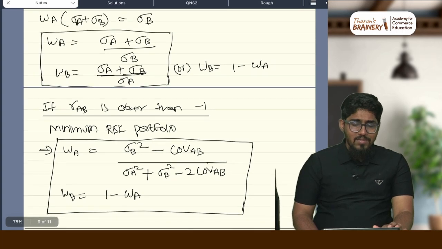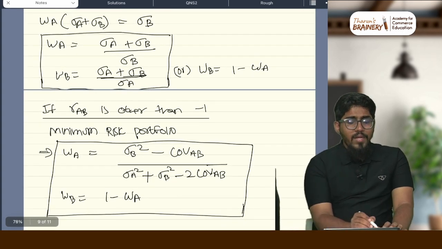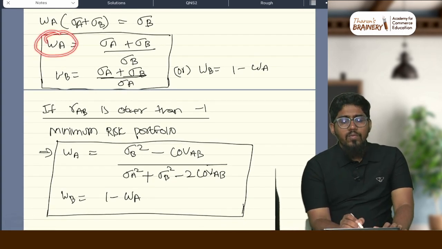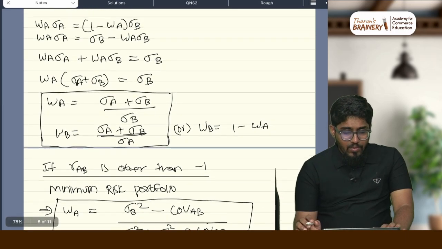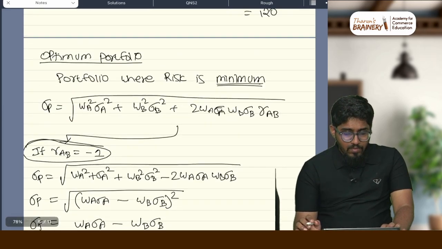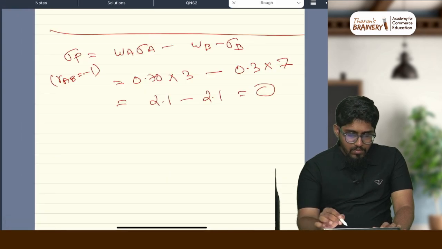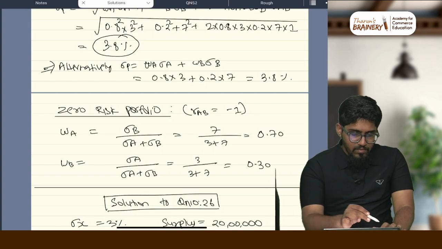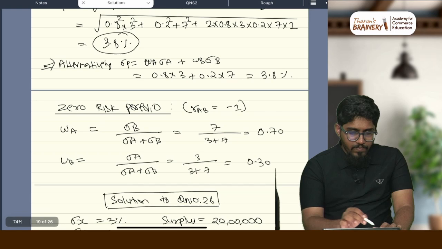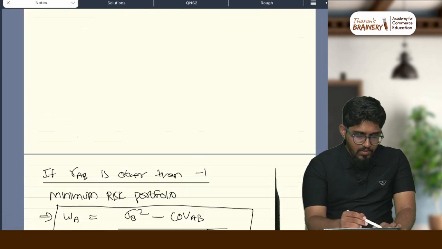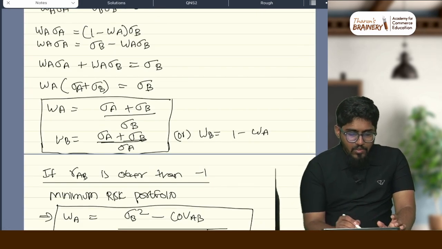Here it is. Here weight of A is equal to... actually really sorry, this should be the other way around.